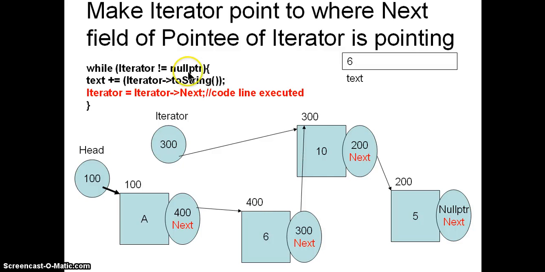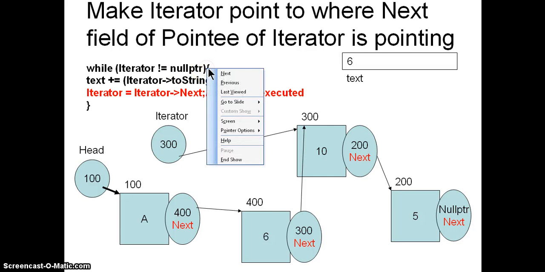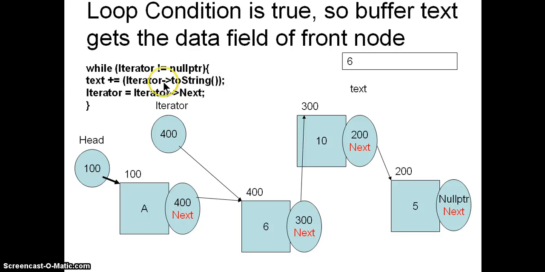Okay, so we need to back off. I think we did several things in this. So these two lines of code got executed. This line of code got executed, and we tested the null loop condition is true. So when loop condition is true, we enter the code and we execute this line of code.